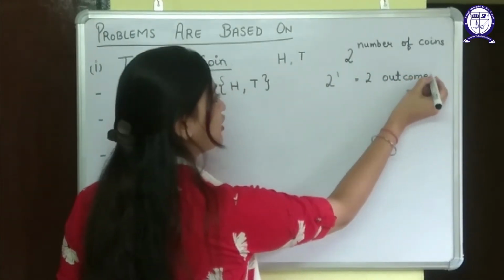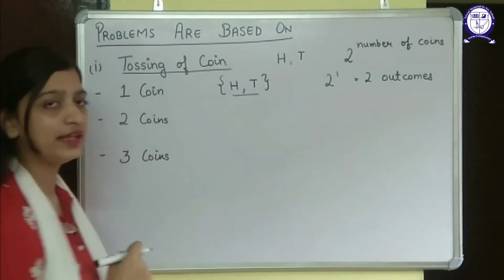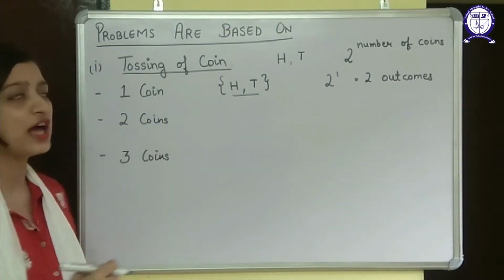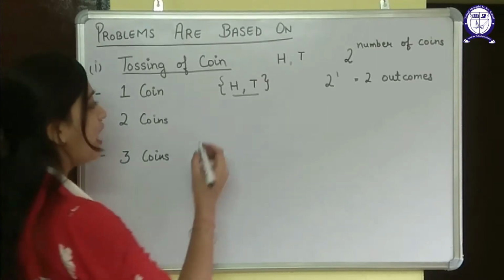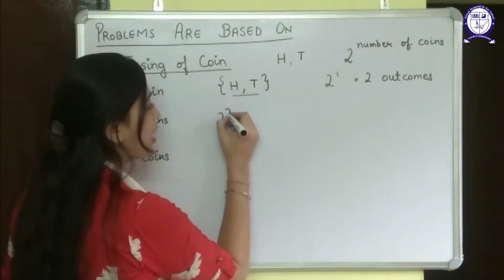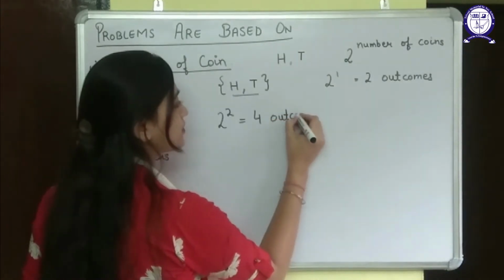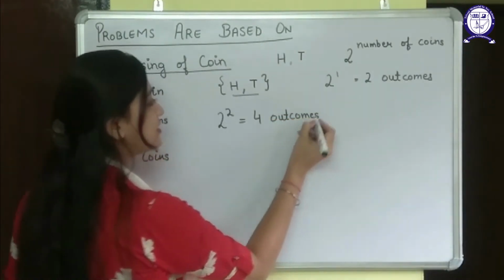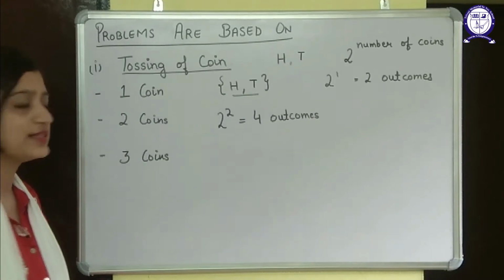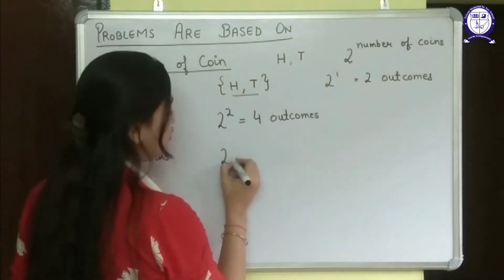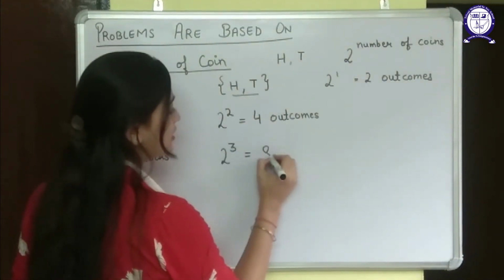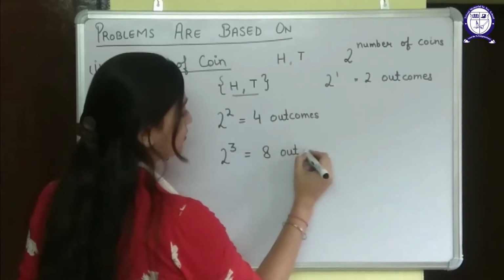So I have written the 2 outcomes, head and tail. Now for 2 coins, how many outcomes will I have? I will have 2 raised to the power 2, that is 4 outcomes. And similarly for 3 coins, I will have 2 raised to the power 3, that is 8 outcomes.